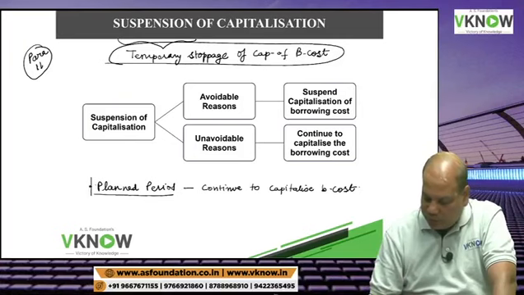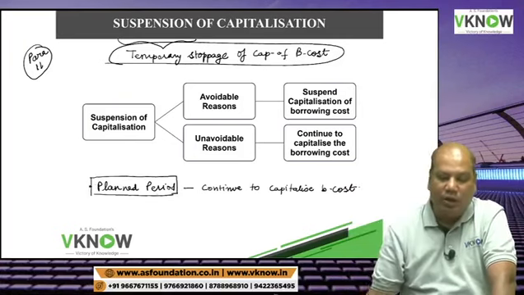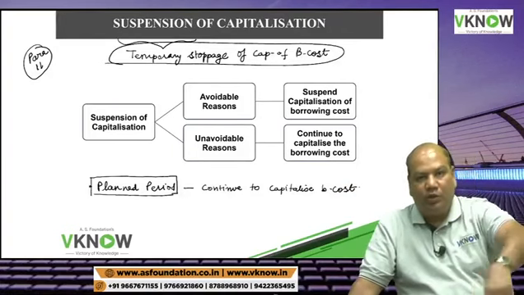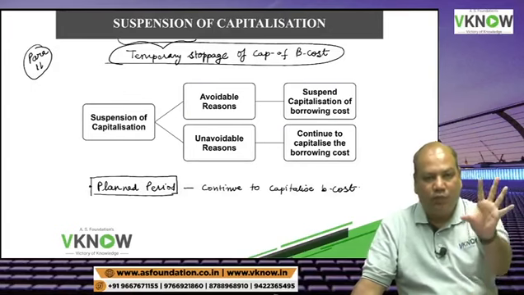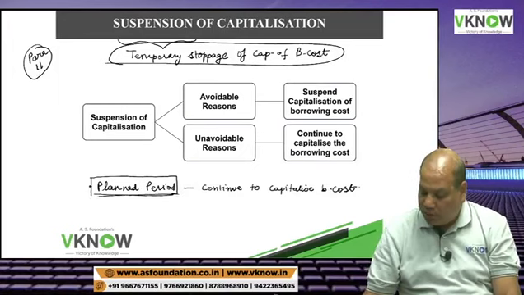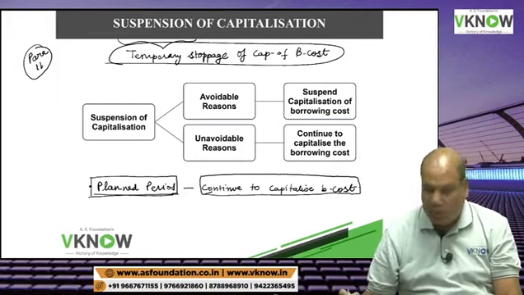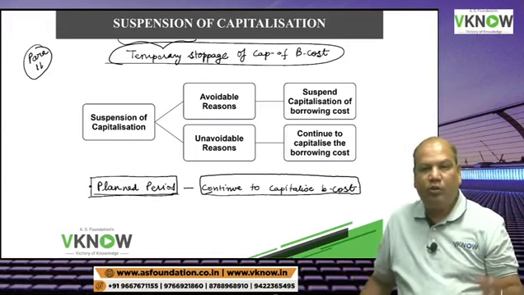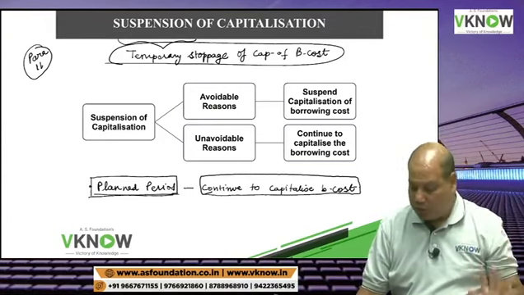Planned period means we have planned that this building will be constructed in 1 year. We have decided this building will be constructed in 1 year. So my plan period is 1 year. So during planned period, continue to capitalize the borrowing cost. Don't worry, because I had mentally made up my mind that this would require 1 year.